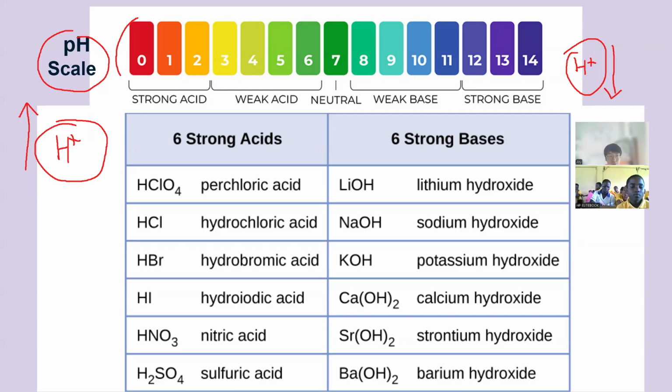So let's look at some of these. We have strong acids on the very left. And this makes sense, right? Because strong acids dissociate completely. So it has a high hydrogen ion concentration. So that's why pH is low.